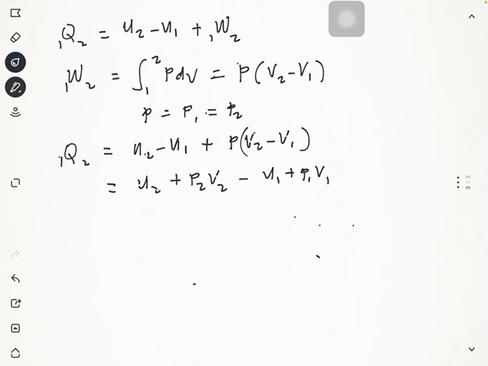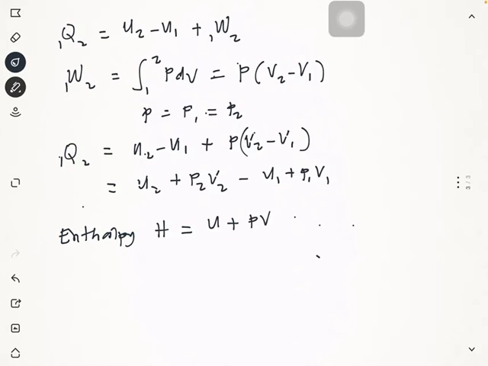Okay, we have another property here. This U plus PV is the enthalpy, denoted by H. H is U plus PV.